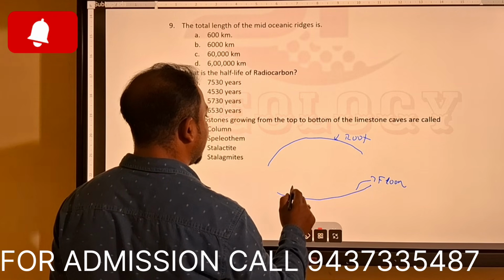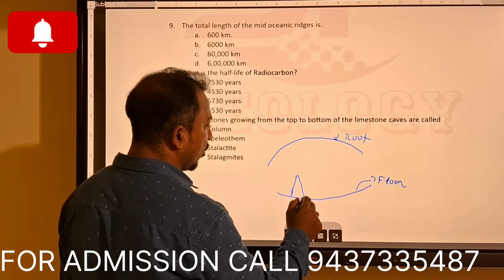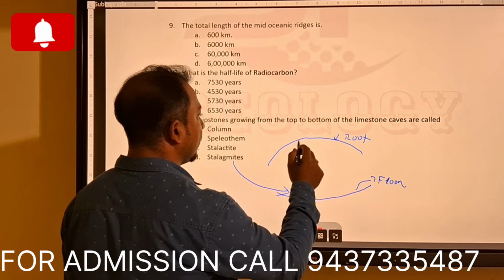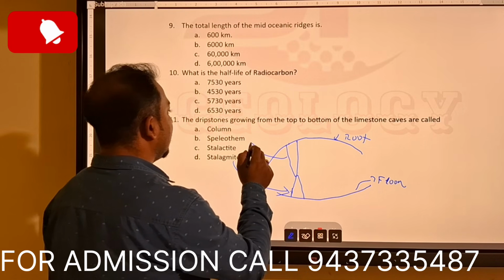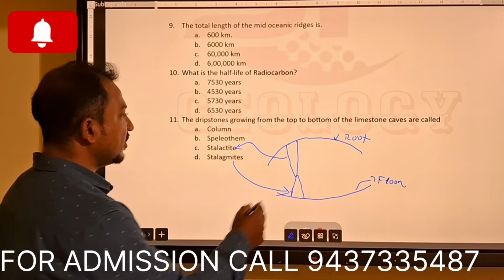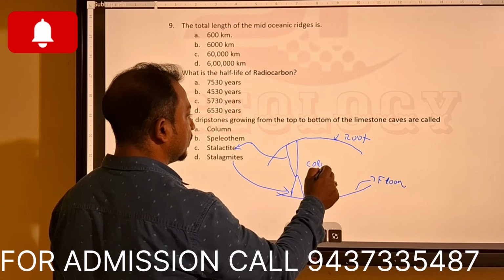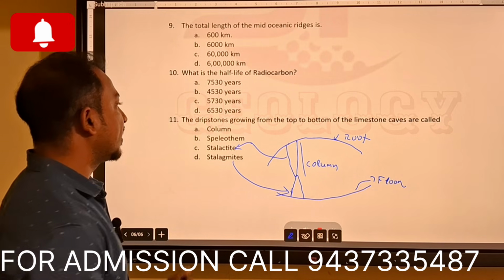The precipitated deposition that grows from the floor is called a stalagmite, and that which grows from the roof is called a stalactite. And when they join together, they produce a column, when the stalactite and stalagmite join together.